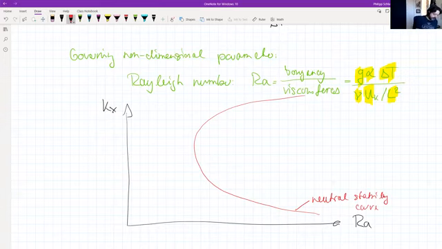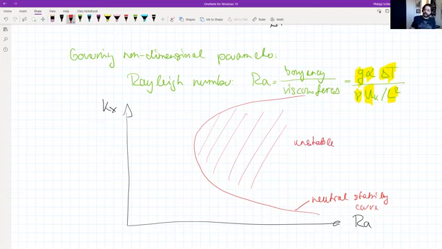What one can then calculate is that all the combinations of Rayleigh number and kx that lie inside this curve would be unstable, in the sense that the Rayleigh number is large enough so that the buoyancy force is large enough to win over the viscous force and get the flow going. That is inside this curve, and outside it would be stable, in the sense that buoyancy is not strong enough.